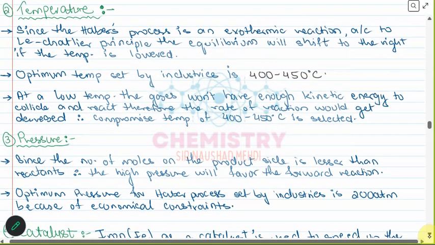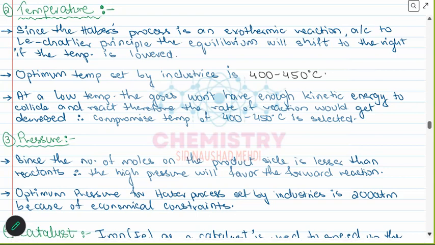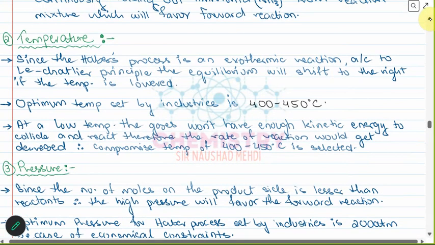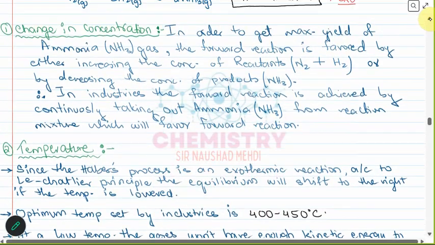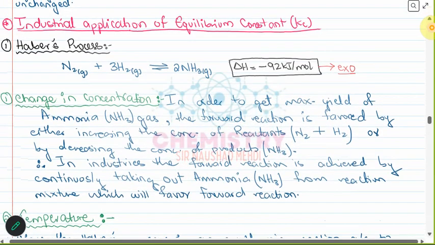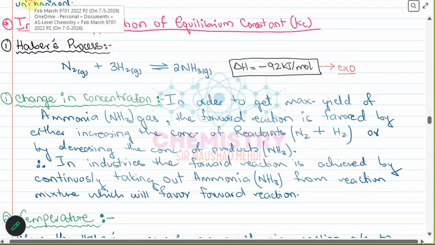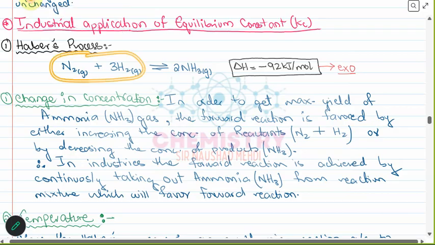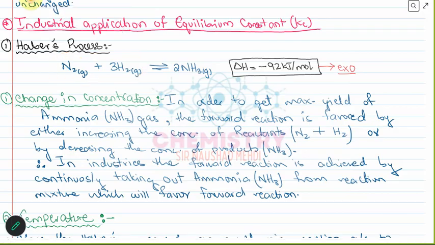Okay. Now coming to the third factor, which is the pressure. Can you recall how the pressure disturbs the equilibrium? What do we have to first check before applying the concept of pressure? Okay, good. The number of moles on both sides. If you look at the number of moles on the reactant side, it's 1 plus 3, 4 moles.